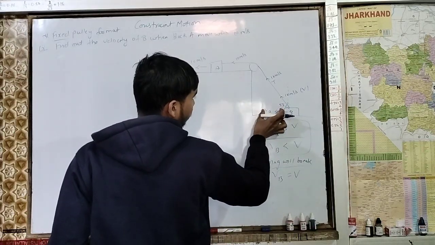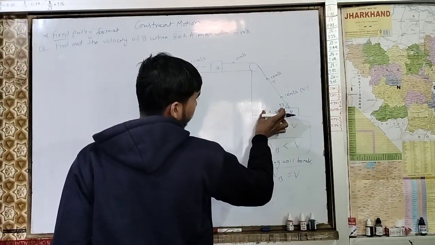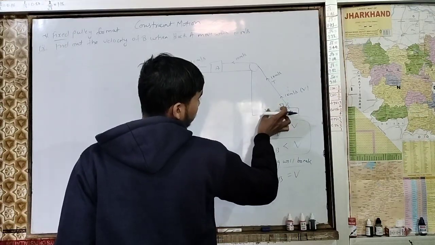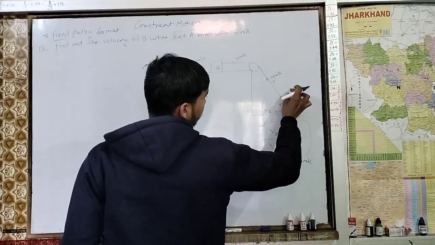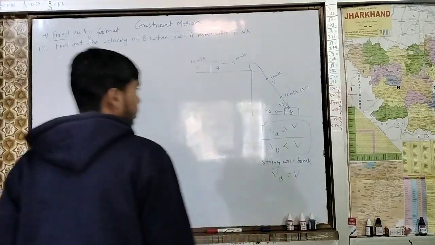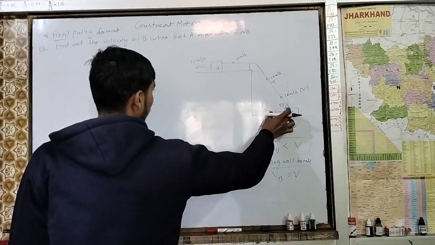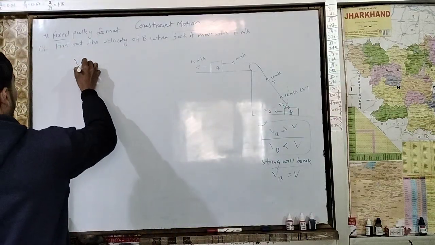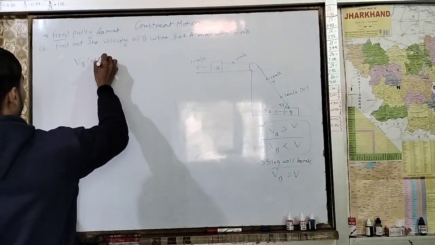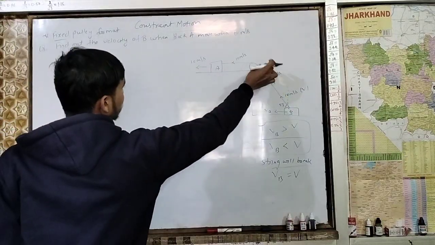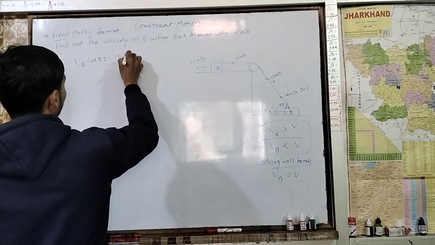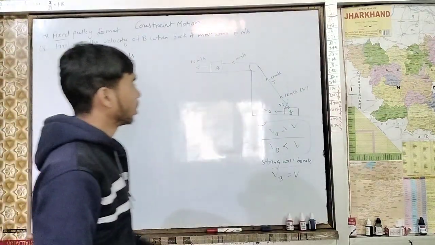This is our VB cos theta, according to this angle. So this VB cos theta will be also for the perpendicular. This is the meaning of no relative motion. So VB cos 53 will be equal to 10 meter per second.